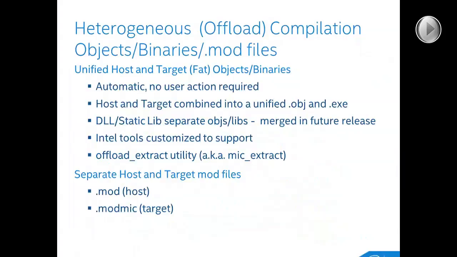Now, currently in the Service Pack 1 release, this is only occurring for objects and executables. If you do build DLLs or static libraries as a part of your application for Windows, in the current release you will see some separate object files and separate lib files. We'll talk a little bit more about that later, but these are also merged in our future release due out later this year. So you will see just a single .dll or a single .lib depending upon what you're building.